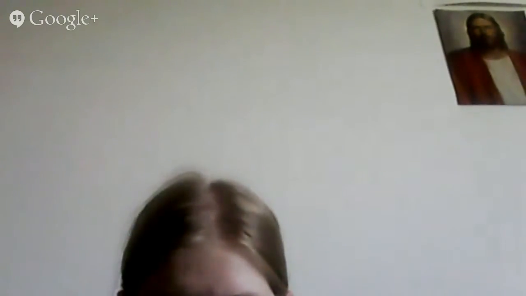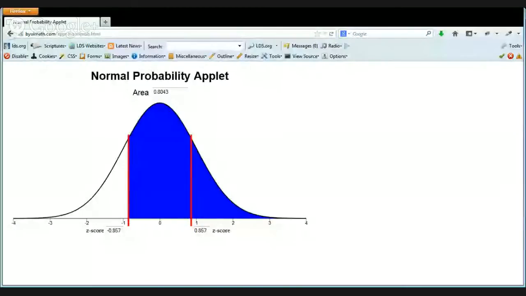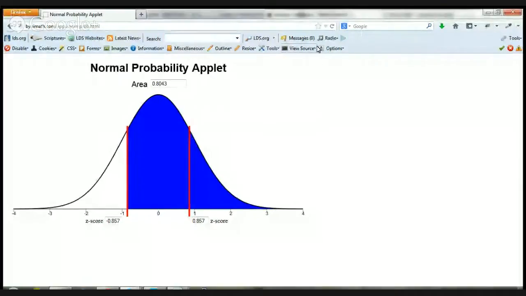What did you get? 0.804. Can you show me a picture of yours? Because that's not what I'm getting. Oh, okay. I didn't have the other part highlighted. It keeps moving. I keep accidentally clicking the little red lines, so it changes. What'd you get? 0.804. Okay, that's what I got too.